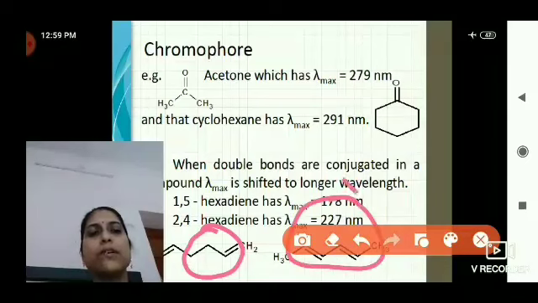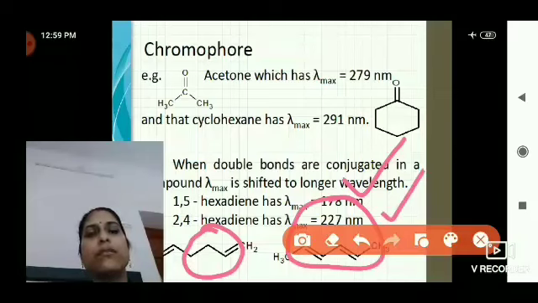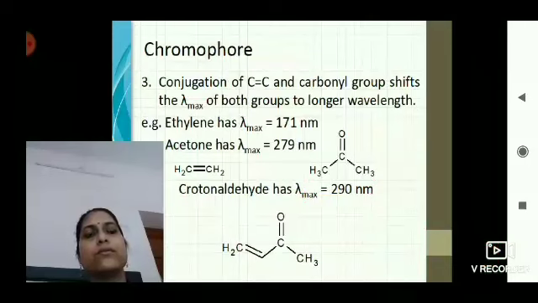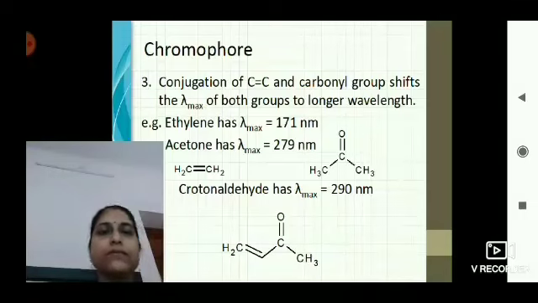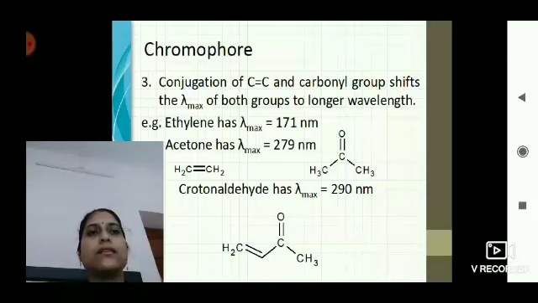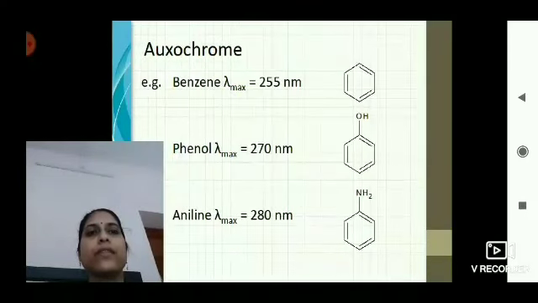So you will see the trend: lambda max is 178 for 1,5-hexadiene and 227 for 2,4-hexadiene. So you have seen the trend, the effect of conjugation. This is again another example.